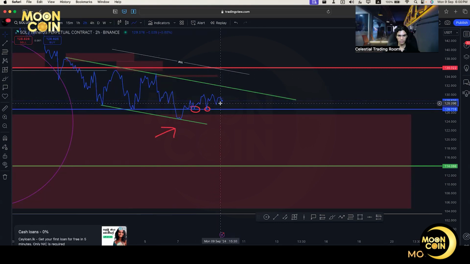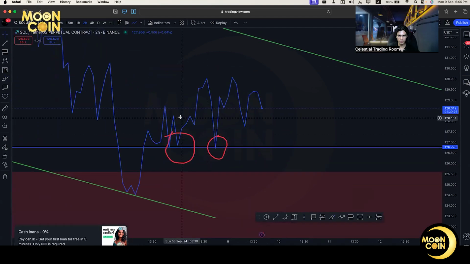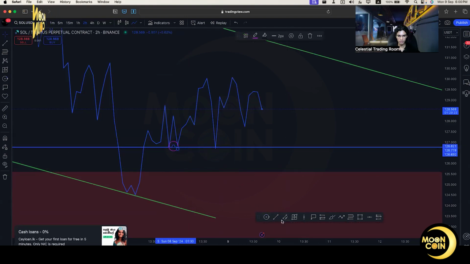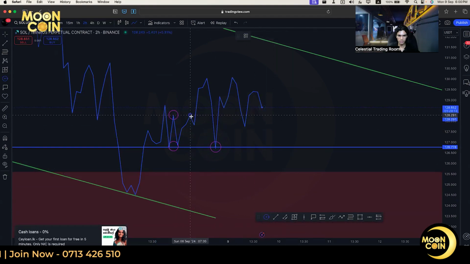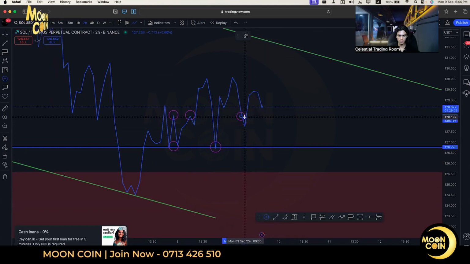And the second was, yes, we'll zoom in and you can see, I'll draw clearly for you. First and the second, and we have this one, and we have something here like this.